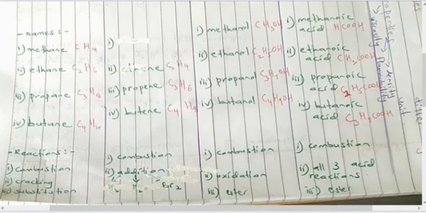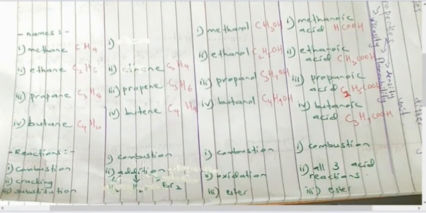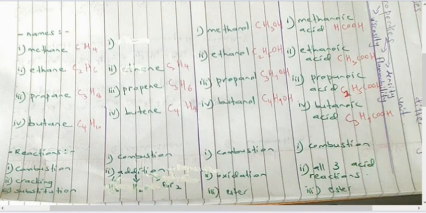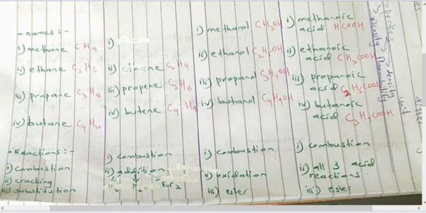Acid reactions are basically acid plus metal, acid plus metal carbonate, and acid plus alkali. So basically that's the summary of the chapter.